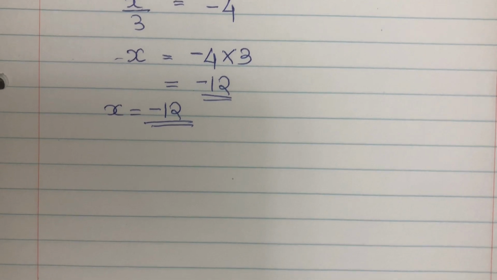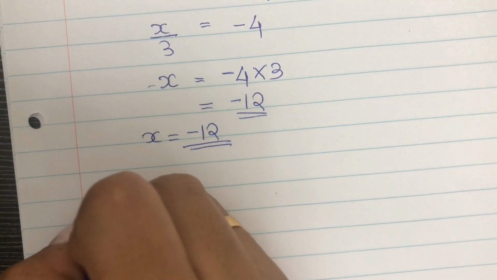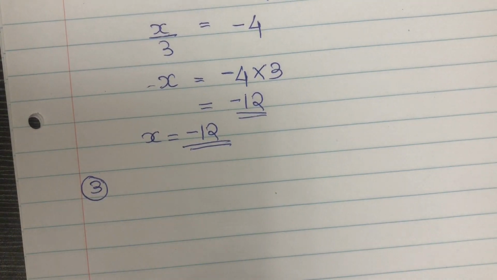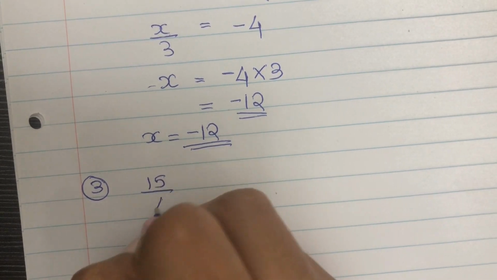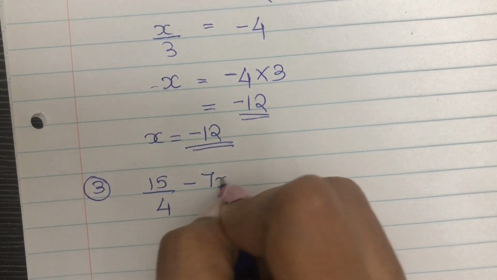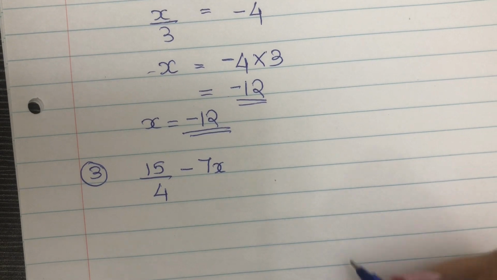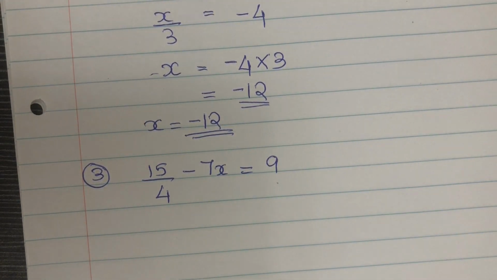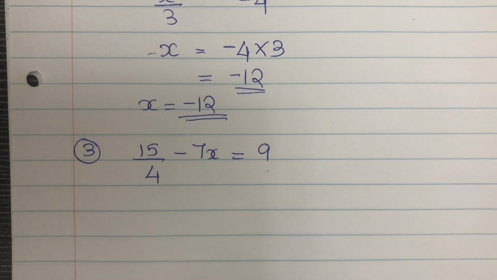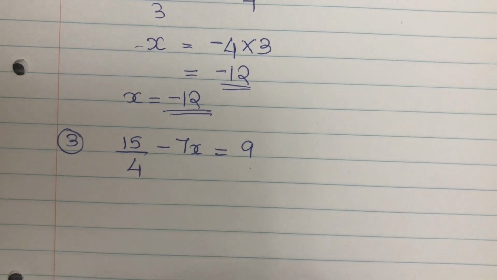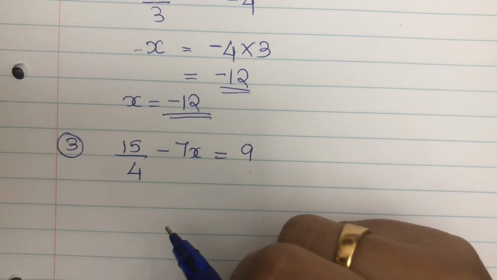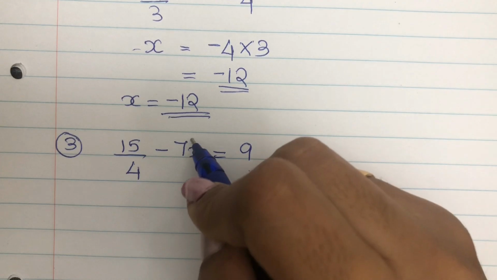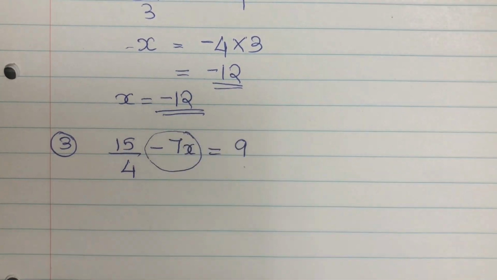So we will take one more example. 15 by 4 minus 7x equal to 9. So what did ma'am say? First we have to see which is the variable term. So this is the variable term.